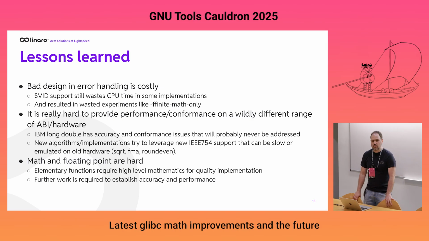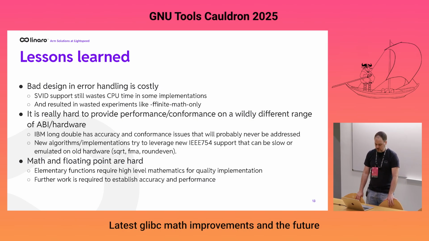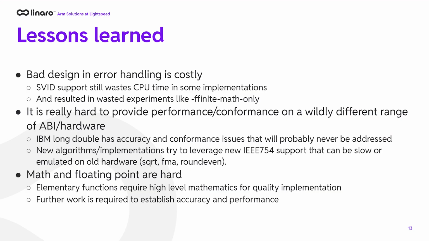Another thing we found out is that it's really hard to provide performance and conformance across a wide range of hardware. I think the new implementations aim to focus on new hardware, meaning we try to leverage new IEEE 754 support that can be slow on different hardware, like the square root function, FMA, and new rounding modes.